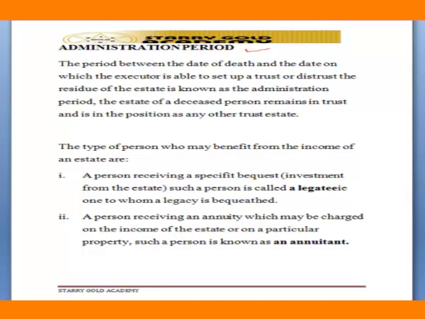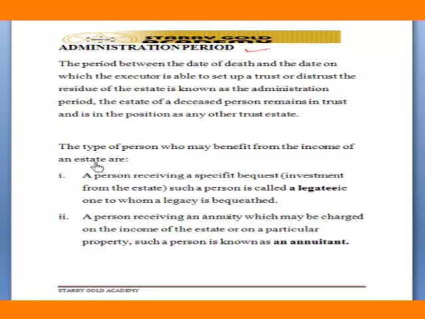That is, when on the exit of a person, there is an executor who takes over the responsibility of setting up a trust. And we've taken time to explain trust before. The period between the time this trust is set up is called the administration period.